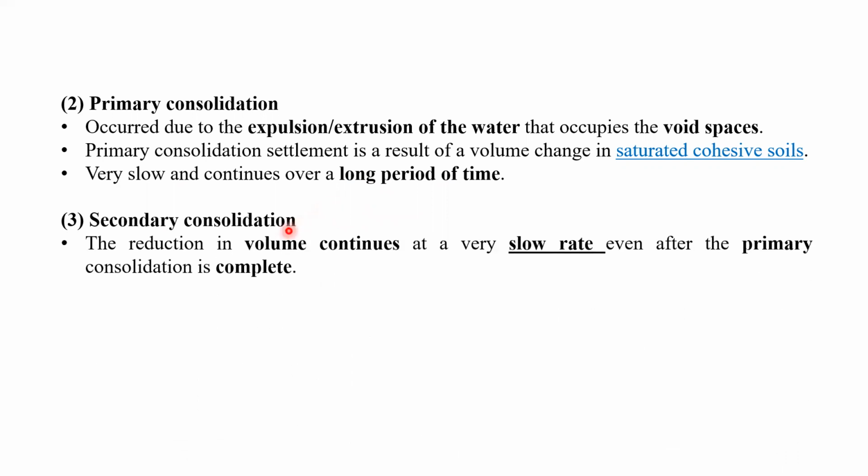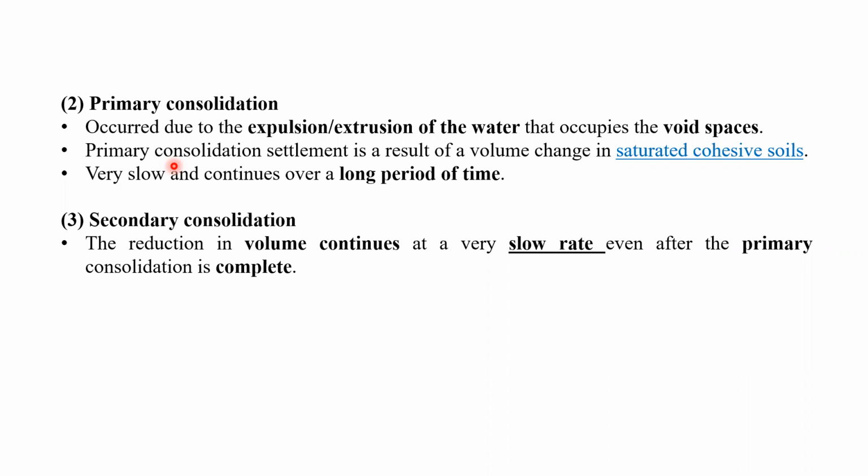Secondary consolidation: the reduction in volume continues at a very slow rate, even after the primary consolidation is complete. Once the primary consolidation has been completed, then secondary consolidation can also take place. So it can take a long time, even after 30 years, 40 years, the structure may settle, or the volume may decrease below the base of the footing.